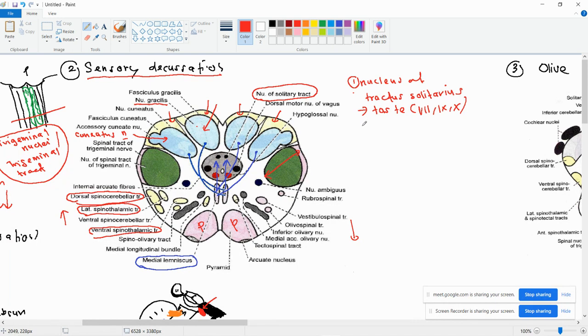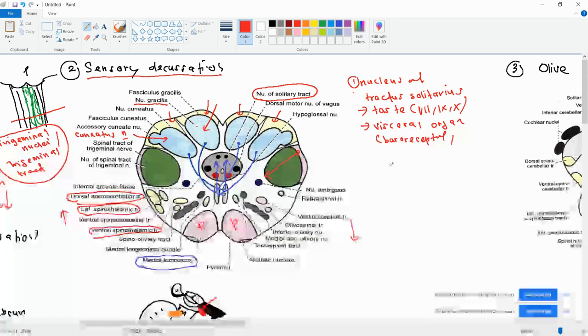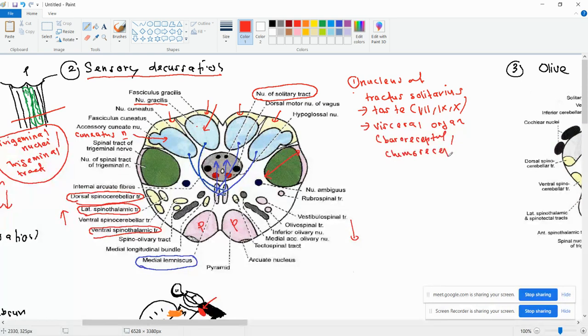And also, it will carry sensation from where? It carries sensation from your visceral organs, the internal organs, right? For example, related to baroreceptors, which relate to blood pressure, or chemoreceptors, which relate to the chemical environment inside your blood, right?